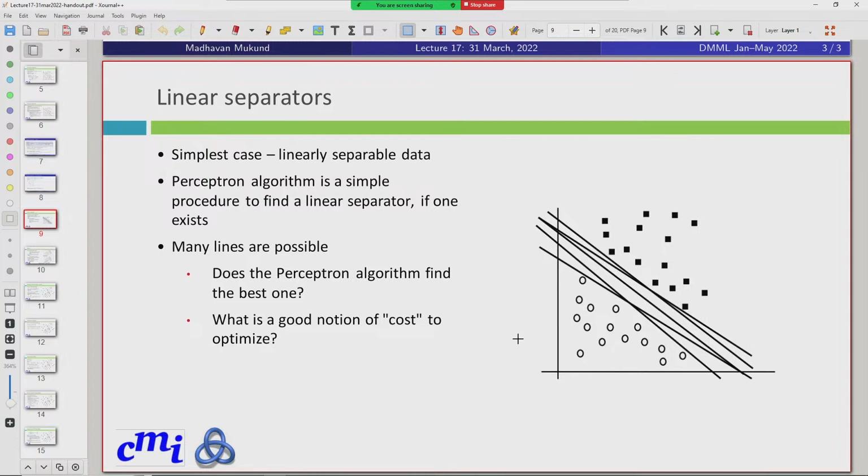All these data points were represented as vectors in some vector space, right? And they were linearly separable, which is to say there was a hyperplane which would separate the positives from the negatives. If that was the case, there was an algorithm, this perceptron algorithm, which would find some hyperplane to separate these things, right.